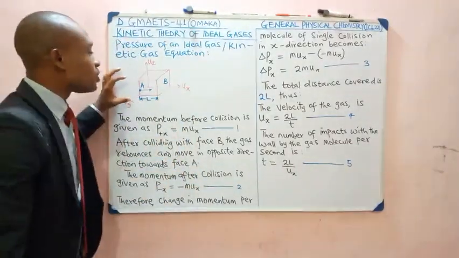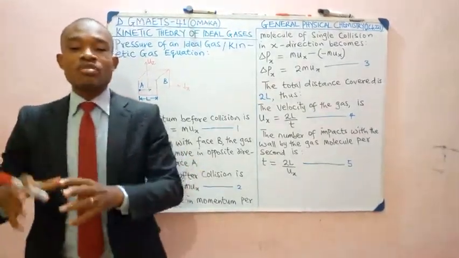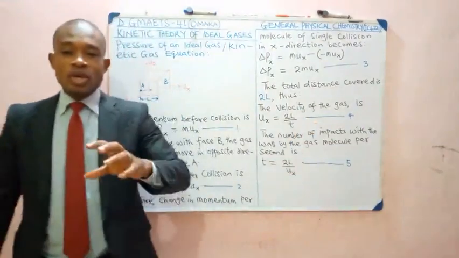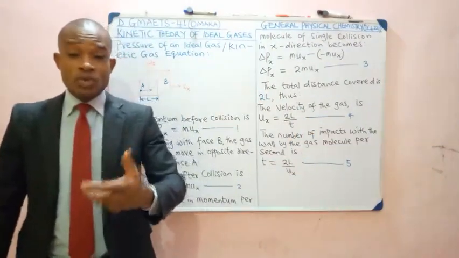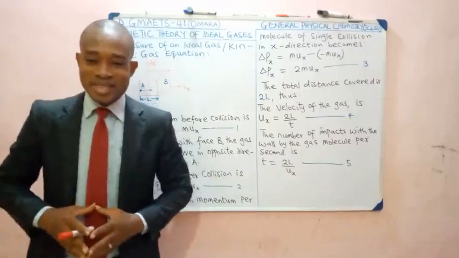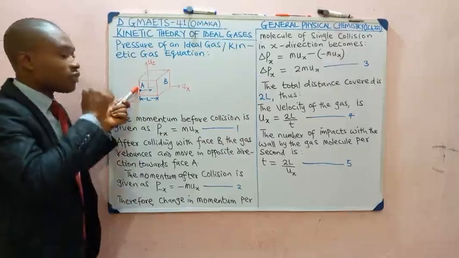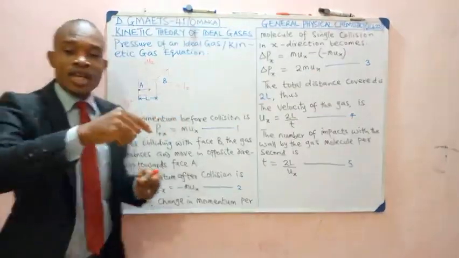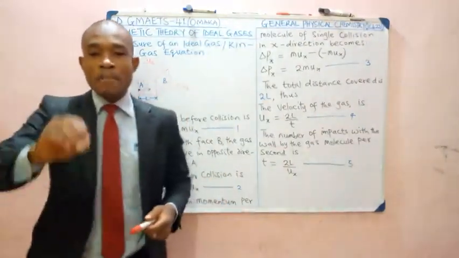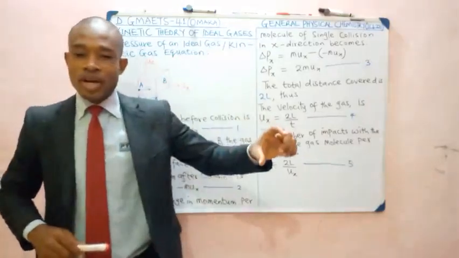The first thing we want to obtain is the momentum of the gas molecule as it moves from phase A to phase B. Of course, we know that momentum is the product of mass and the velocity of the gas molecule. So taking this to be the gas molecule as it moves from phase A to phase B, the momentum before colliding with phase B will be equal to mass times the velocity of the gas in the direction we are considering.